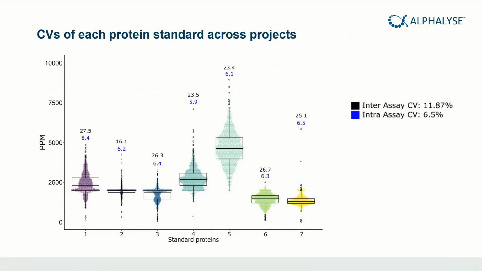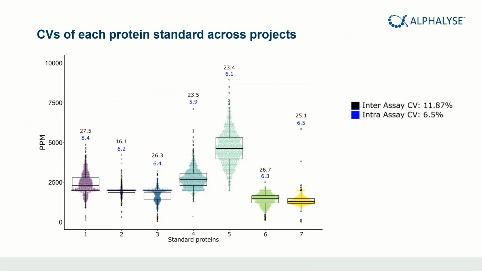When we look at the individual protein standards and how they perform across the many different projects, you can see here how they perform. So this is from more than 1,000 samples. When we look at the CVs of each of these standards, the inter-assay CV across different biologics and different samples, we have a CV of 11.8%.